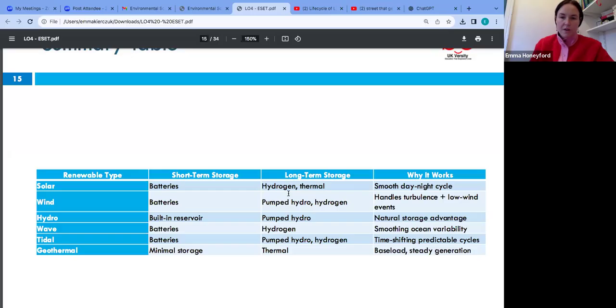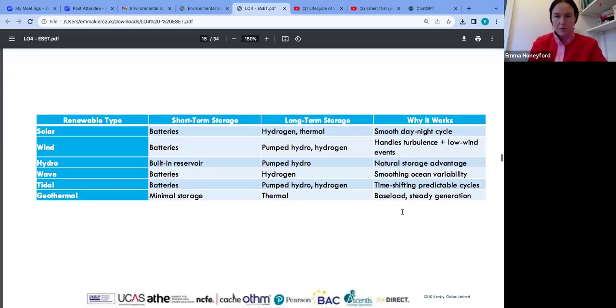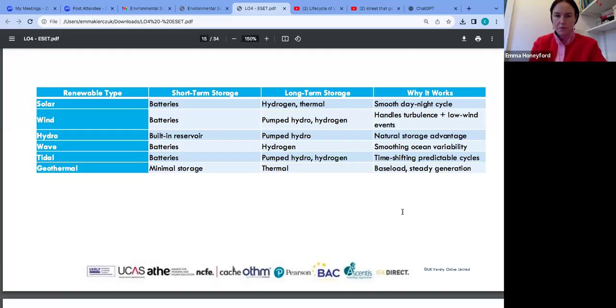You've got a mixture there of hydrogen, thermal, and pumped hydro. And why it works. So smooth daylight night cycle for solar. Wind handles turbulence and low wind events. So if you want to have a read through those.